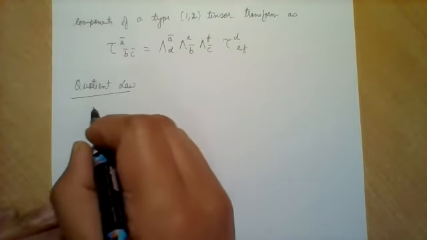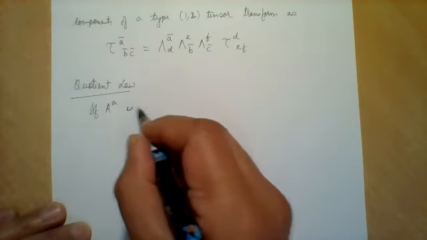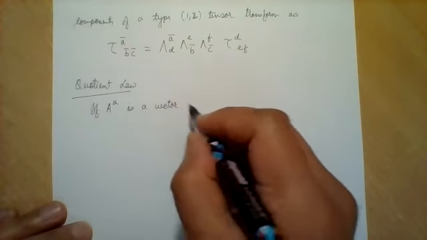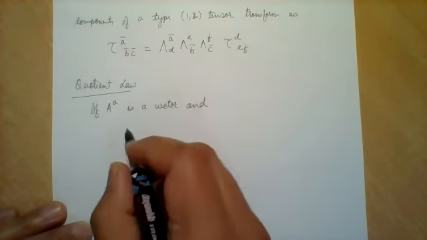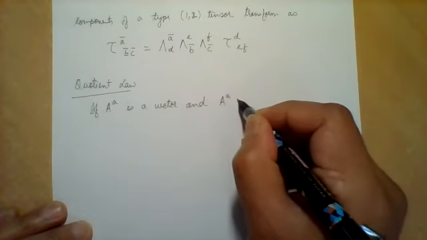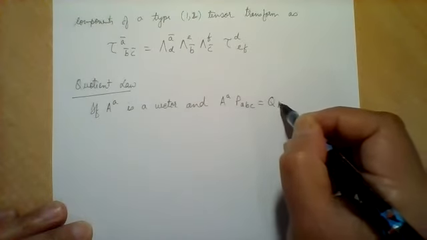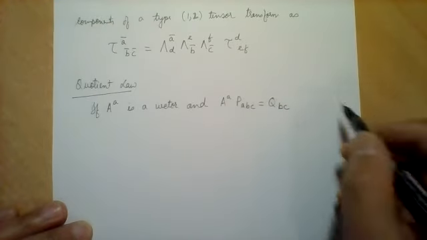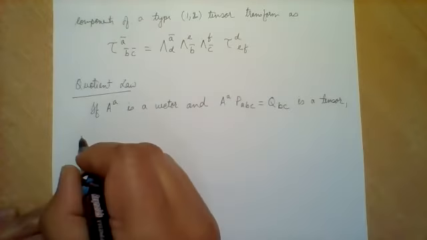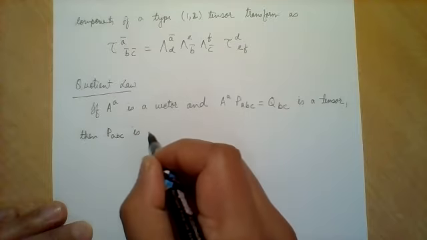It states that if A^a is a vector, here a contravariant vector, and P(a,b,c) A^a = Q(b,c) is a tensor, then P(a,b,c) is a tensor.